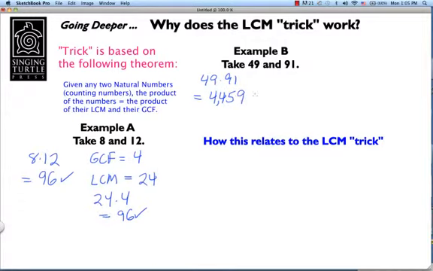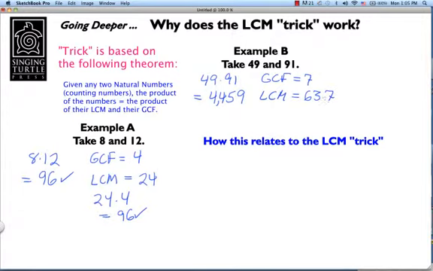If you can, that's great. In any case, the GCF for these two numbers is actually not hard to see for 49 and 91. 7 goes into both of those, and it's the largest number that does go into both. And the LCM, using my little trick, for these two numbers happens to be 637.